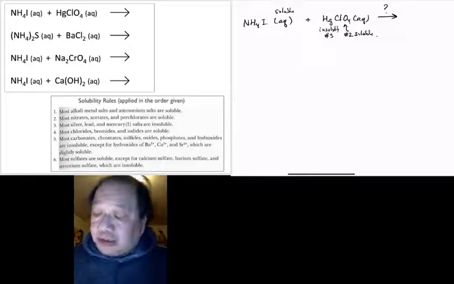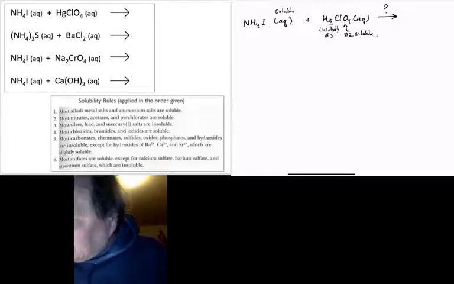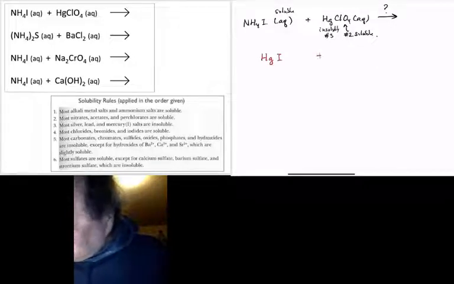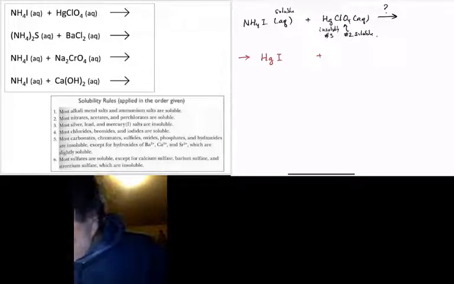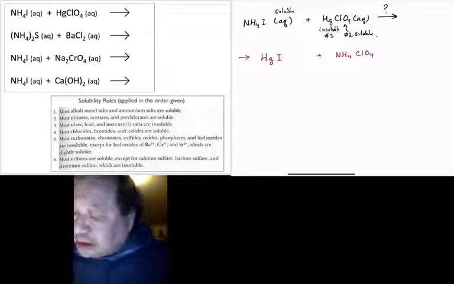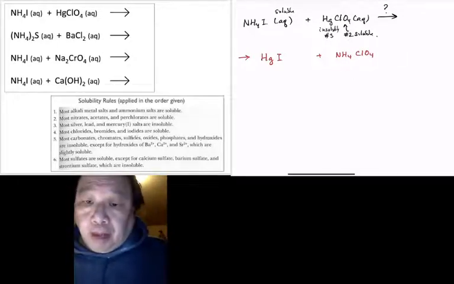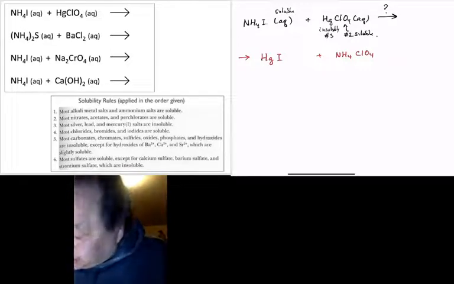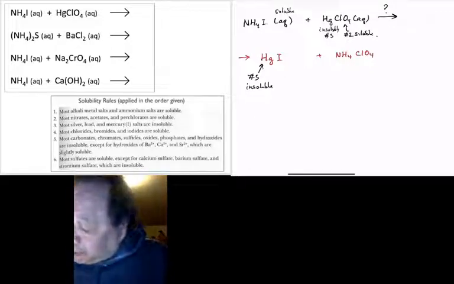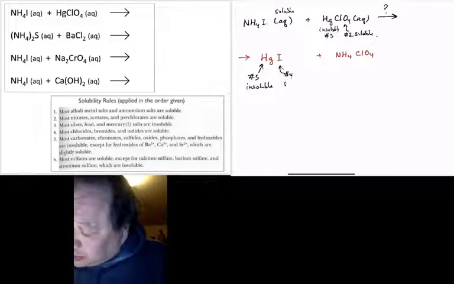And the answer is yes, there is an insoluble product, because we can go to HgI plus NH4ClO4. Hg is, by rule number 3, insoluble, while iodide by rule number 4 is soluble.